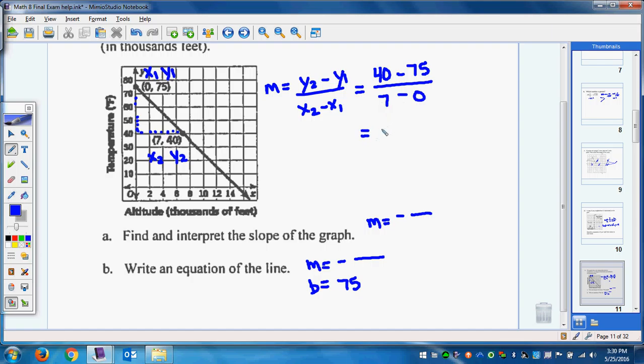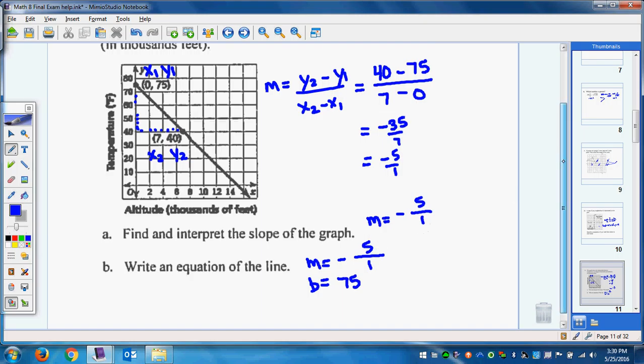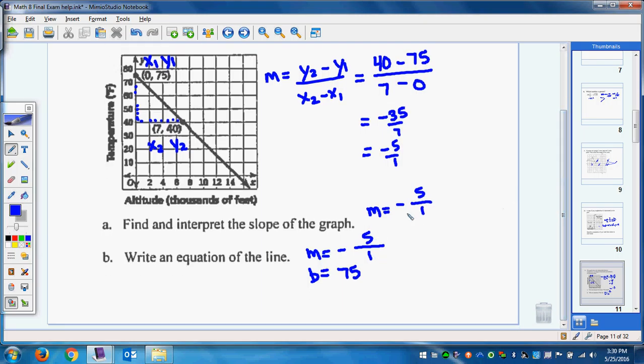So that would give me a negative 35 over 7, which would be a negative 5, or you can say negative 5 over 1 if you really wanted to. So I'm actually going to go ahead and finish off my equation first, and then I'll go back to the interpretation. So my equation would be y is equal to negative, and actually when I write my equation, I would prefer the negative 5x, and then plus 75.